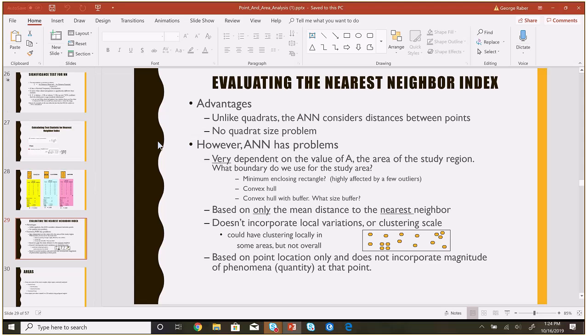There's no quadrant size problem, but it's heavily dependent on the size of the study area. And again, it's not looking specifically at pattern. It's looking more at distance, so it doesn't incorporate local variations or clustering scale. It's based on the point locations only.